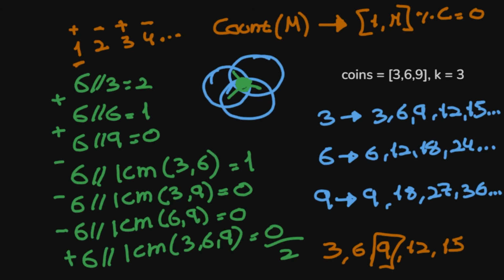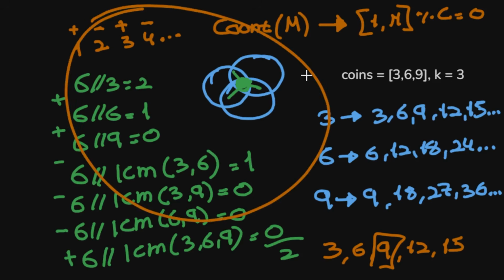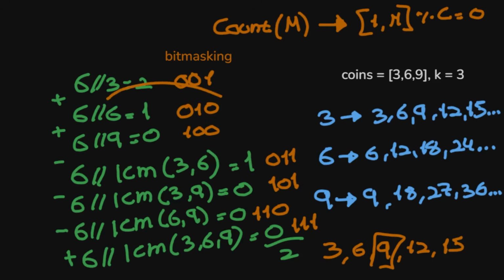So if we take an odd number of elements, we have to add contributions, and if we take an even number of elements, we have to remove contributions. This is something called the inclusion-exclusion principle, and this is very important to solve the problem, so keep it in mind. Another important observation is that here we're exploring every non-empty subset of coins.